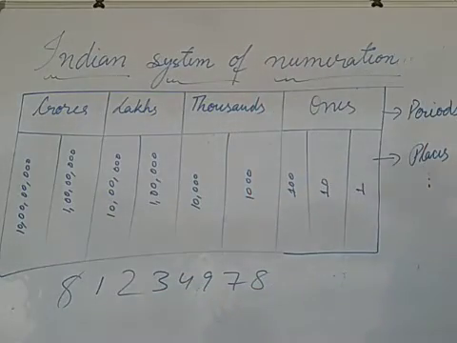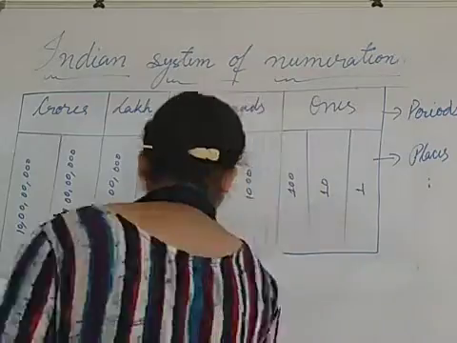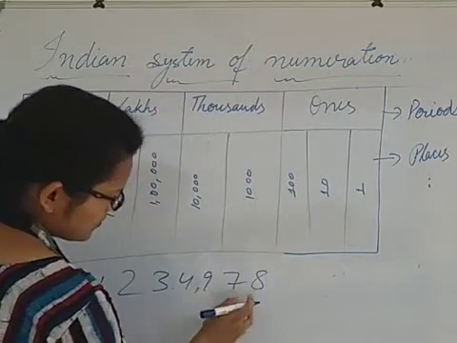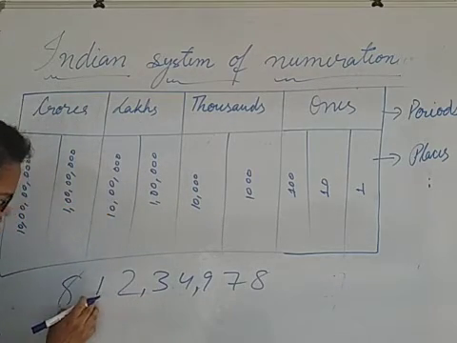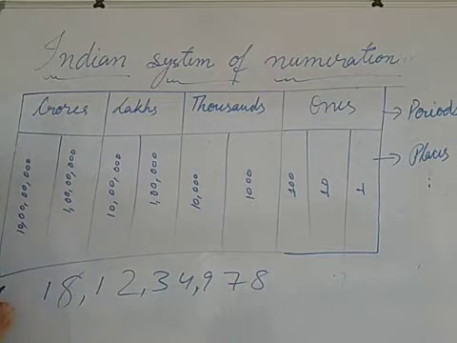Now I have written a number. We can categorize it into periods: ones, tens, hundred, comma, thousand, 10,000, comma, lakh, 10 lakh, crore, 10 crore.